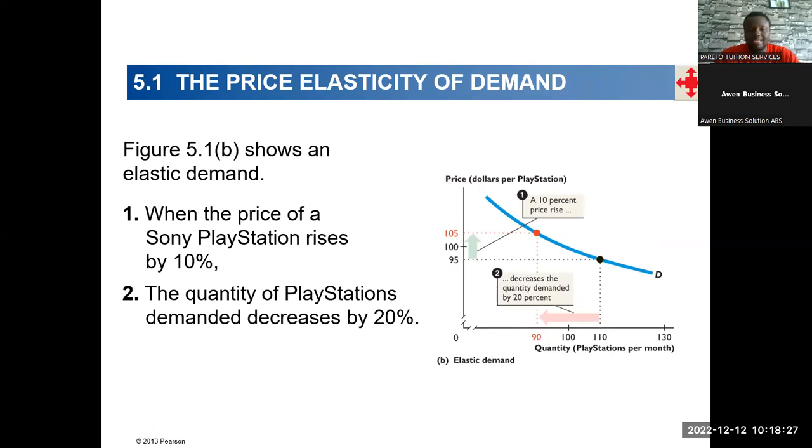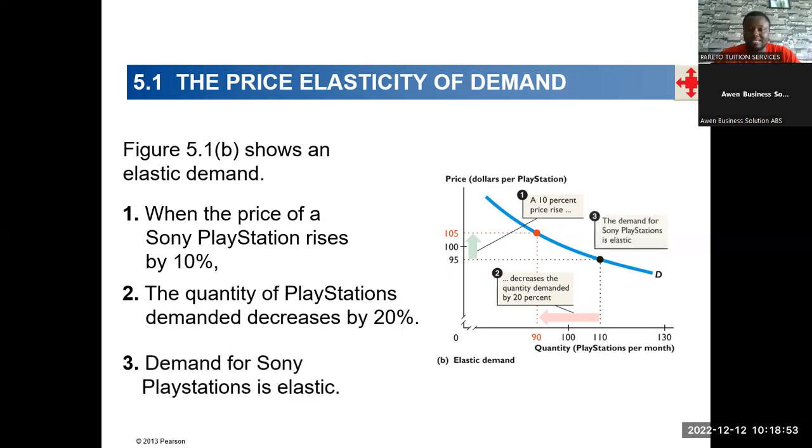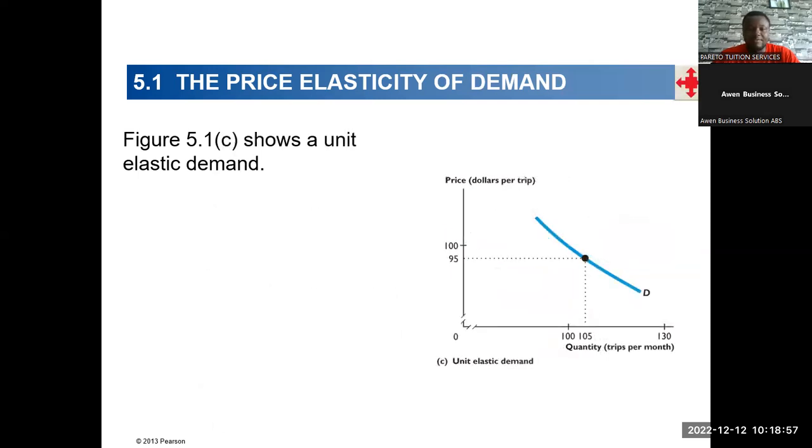If you compare the percentage change in quantity to the percentage change in price, you see that that of the quantity is higher than that of price, and that is what we said for elastic demand. When demand is elastic, the percentage change in quantity will be more than the percentage change in what? In the price. 20% is greater than 10%. So this is what the elastic demand curve looks like.